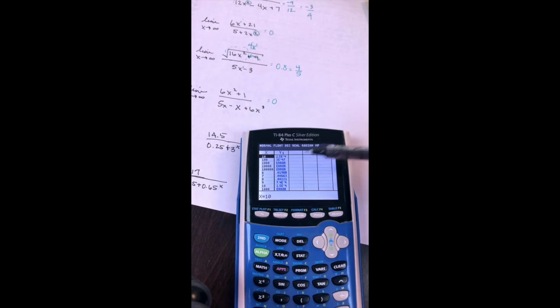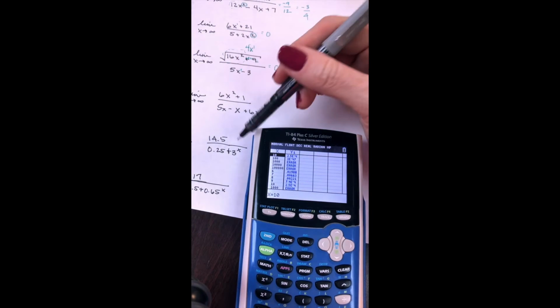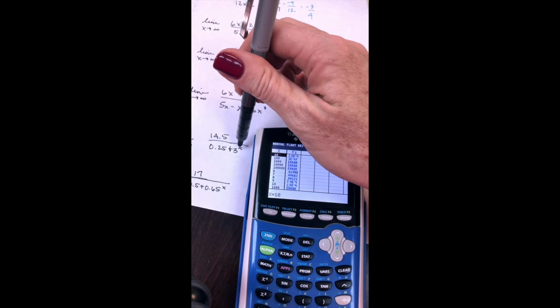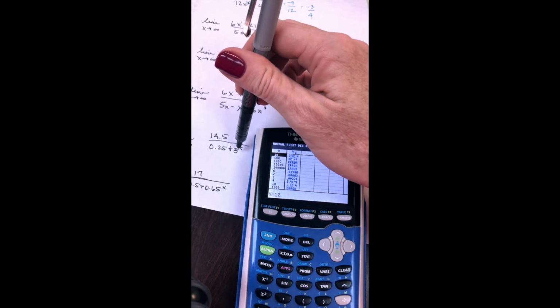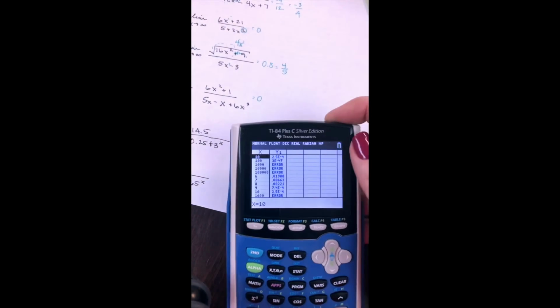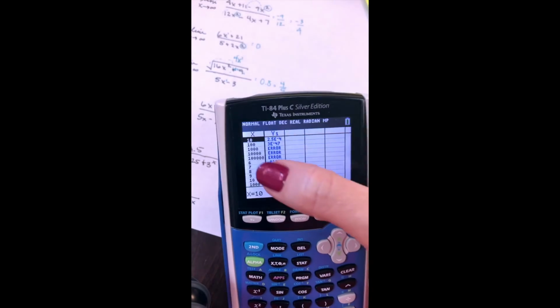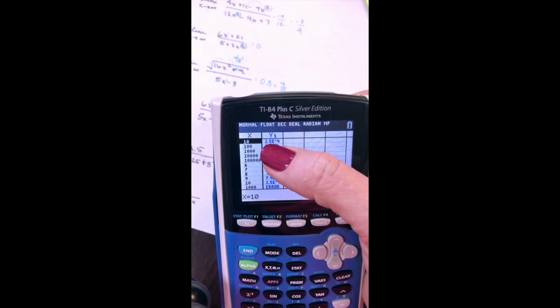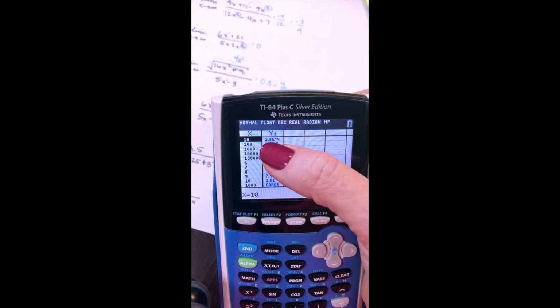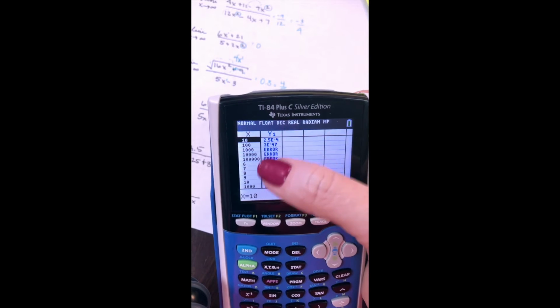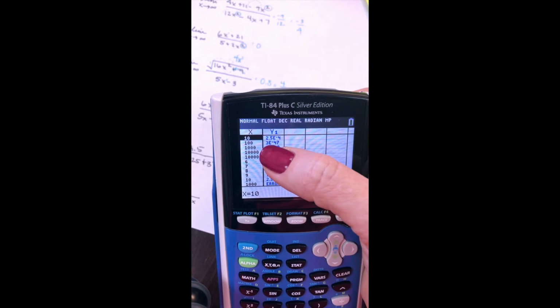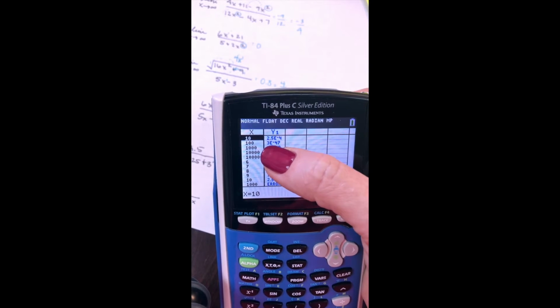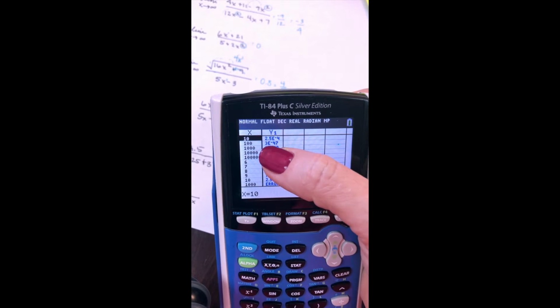And as this x gets bigger, this language here on my calculator, 2.5 e to the negative 4, is the calculator's way of saying 2.5 times 10 to the negative 4th. So that's a pretty small number. It's a decimal point, 3 zeros, 0.25. The next guy in line says 3 times 10 to the negative 47, which is an even tinier number.